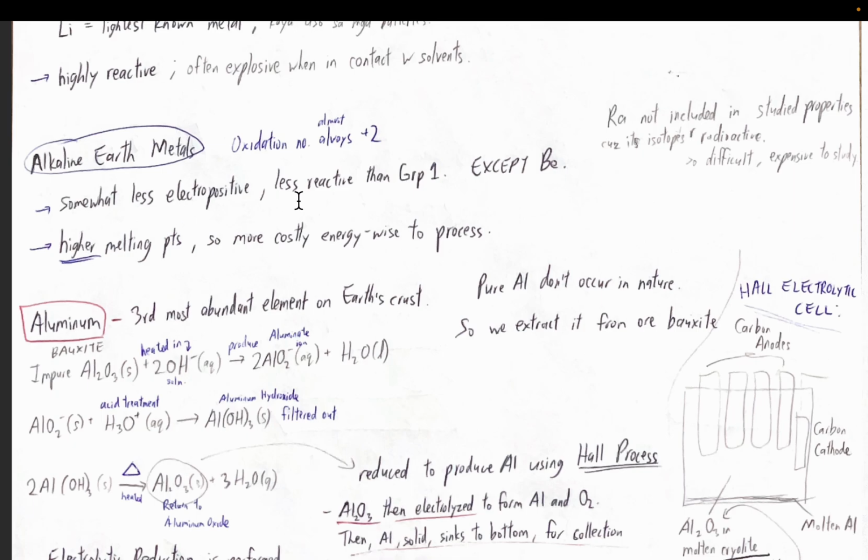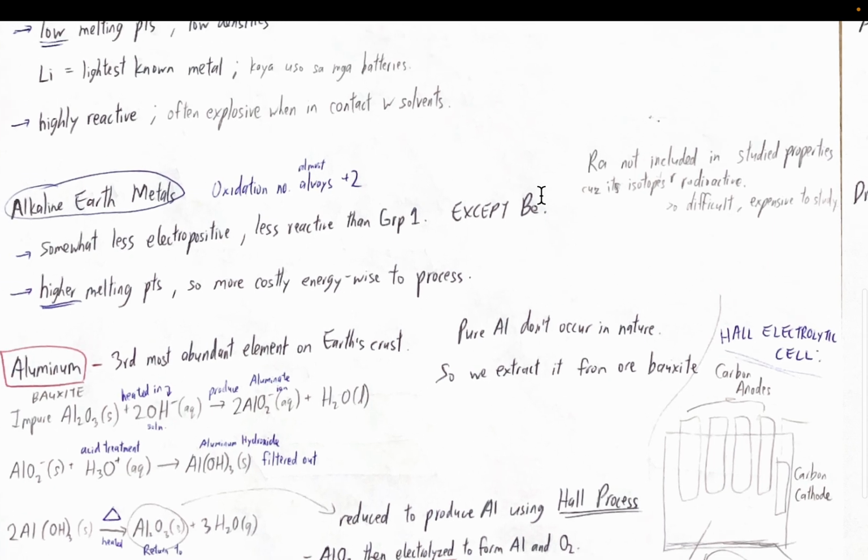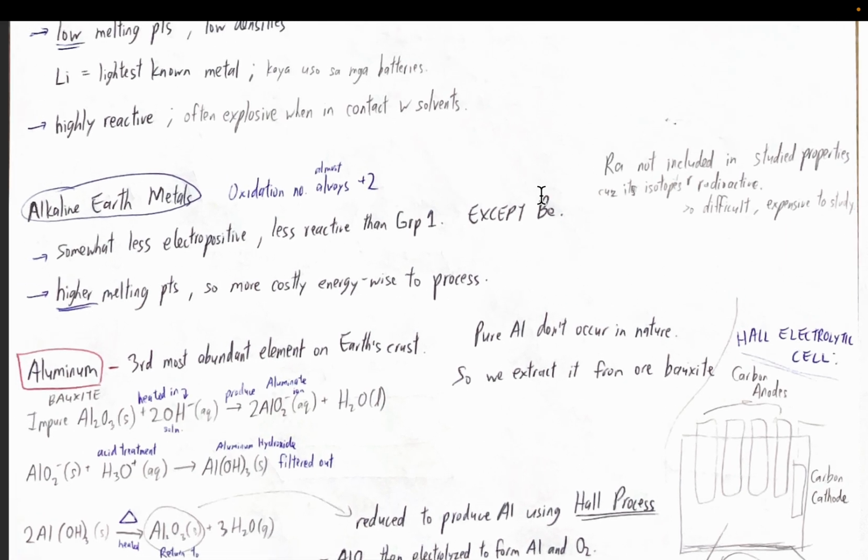And yes, it is less reactive than group 1. Except for beryllium. Kind of the same reason why earlier francium isn't considered in the comparisons for electropositivity. Although hypothetically, francium is considered very electropositive. It has radiation.